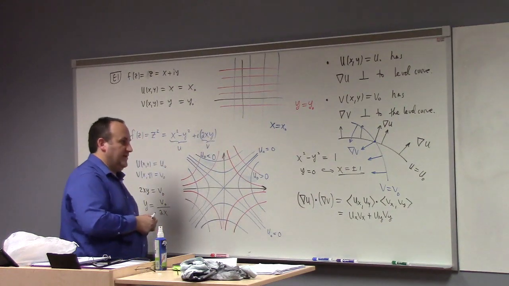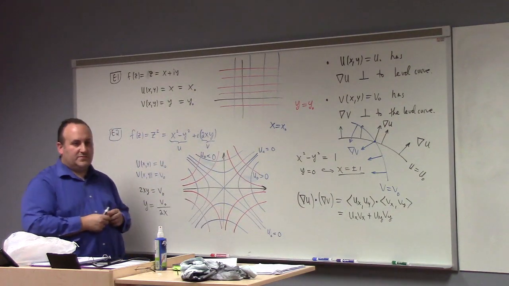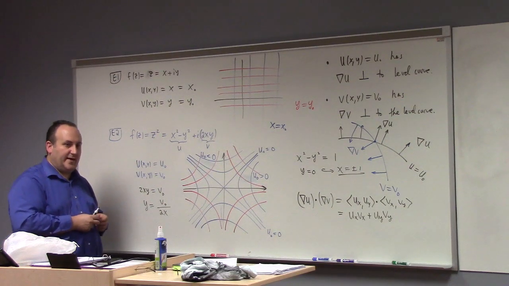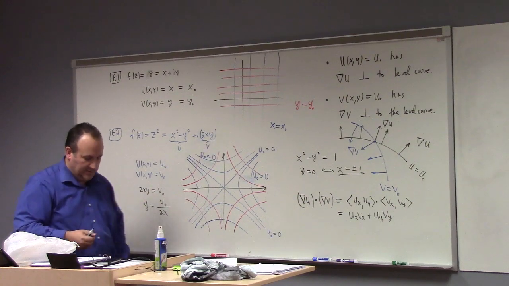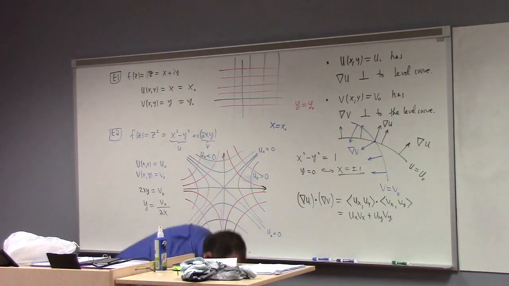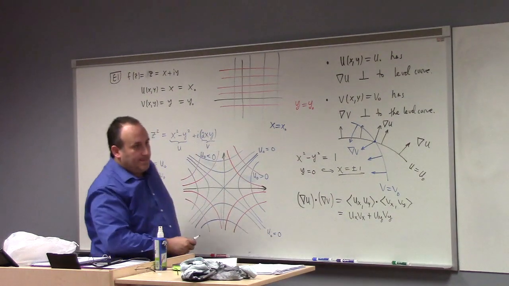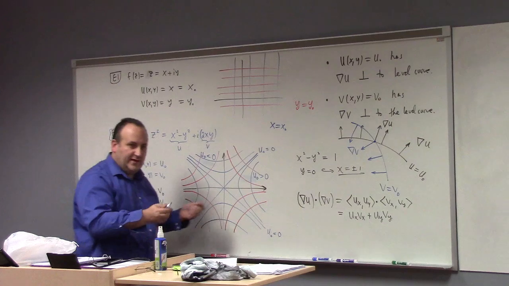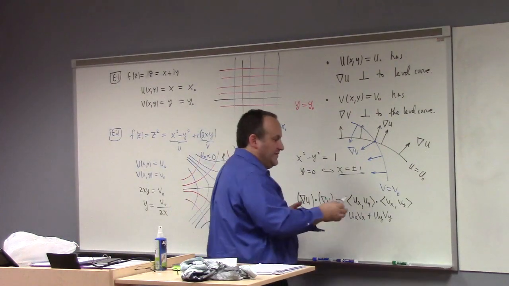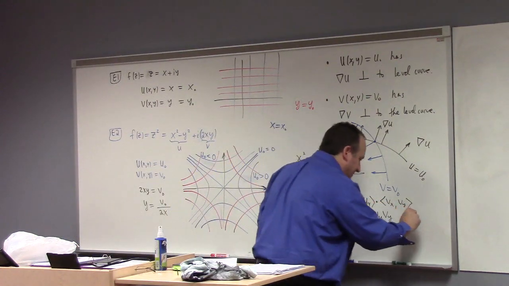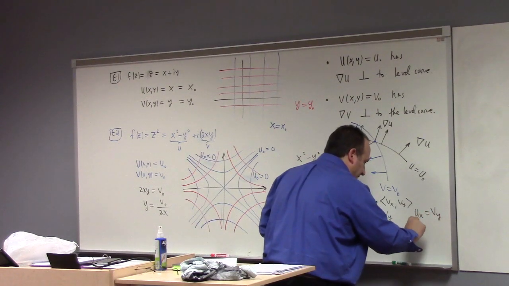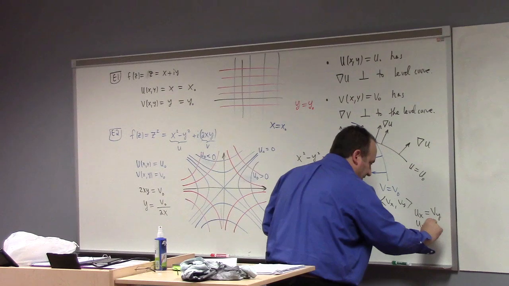But if this is not just any old pair of functions, it's the real and imaginary parts of a complex differentiable map, then what can you tell me? These satisfy the what? Cauchy-Riemann equations, right. So we can trade what? Which one do you want to keep, the u or the v? Keep the v? Okay, so ux is equal to vy, and uy is minus vx.